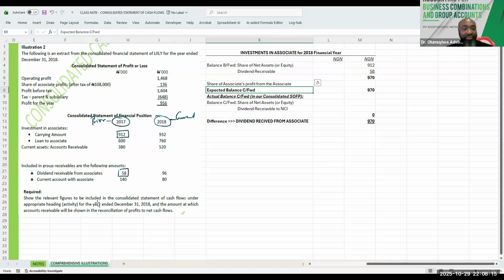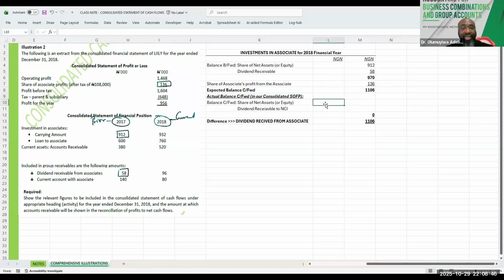And what is that? The profit share in the current year is 136, all things being equal. And therefore, I put 136. That gives me 1,106.